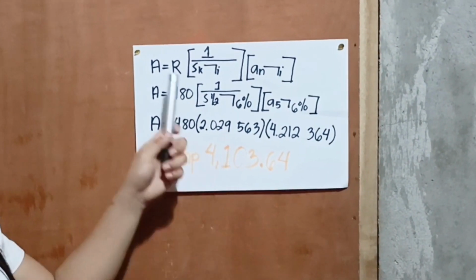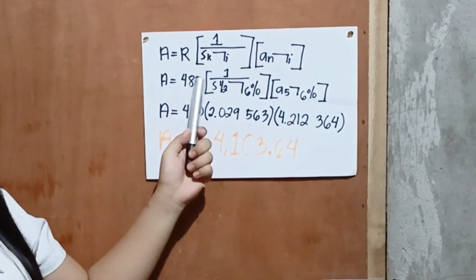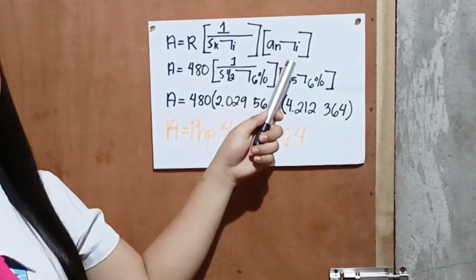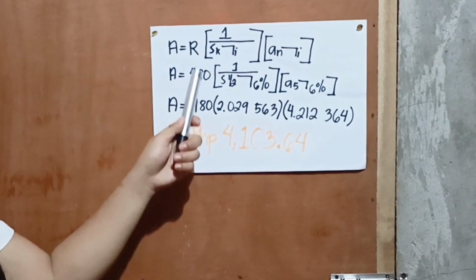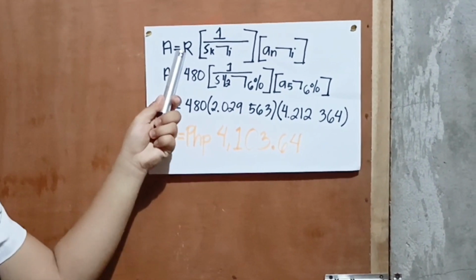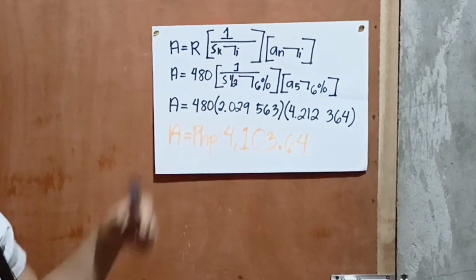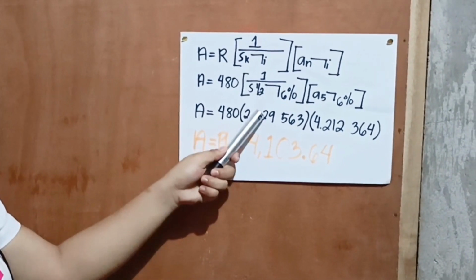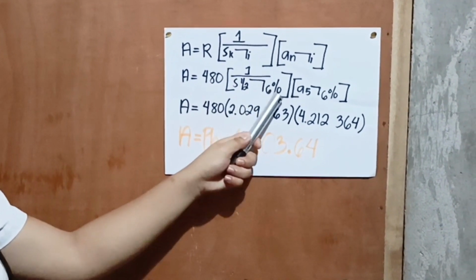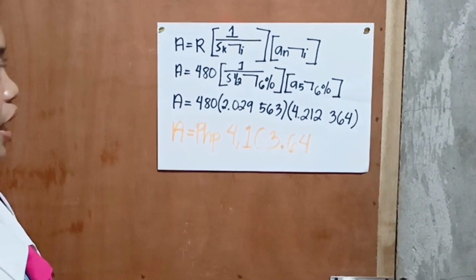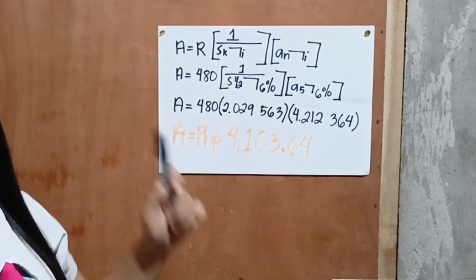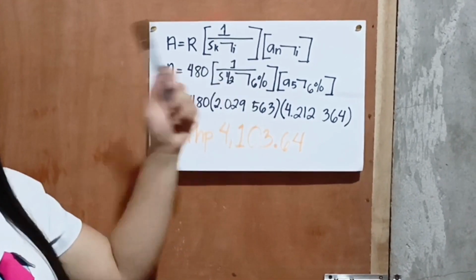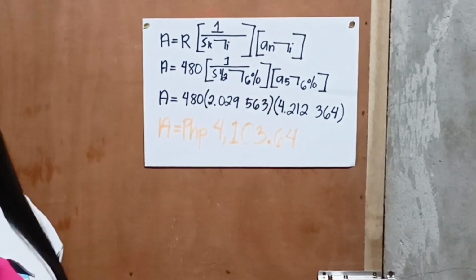Using the formula, A = R (1/s K angle K at i) multiplied by a angle N at i, A is equal to 480, which is the value of R, and the 1 is constant, then s, then copy the s, and the value of K is 1/2, angle 6%, the value of i, and multiplied by a, copy the a, and then write the value of N, which is 5, angle value of i 6%.